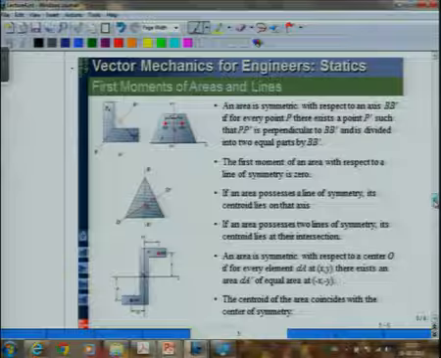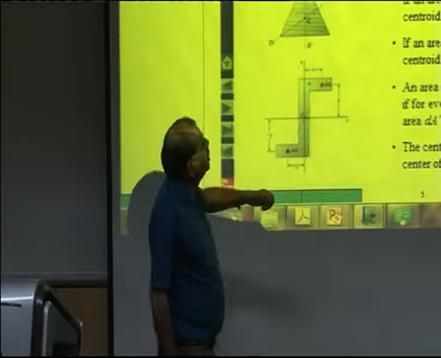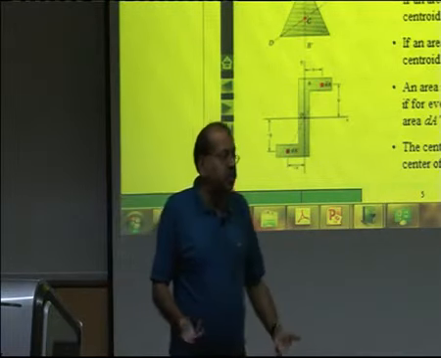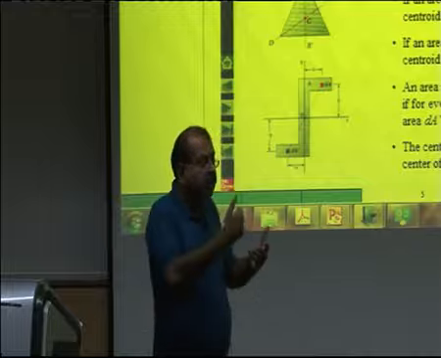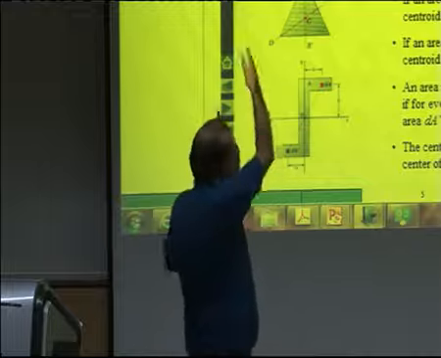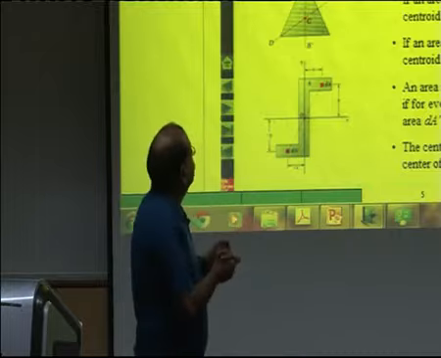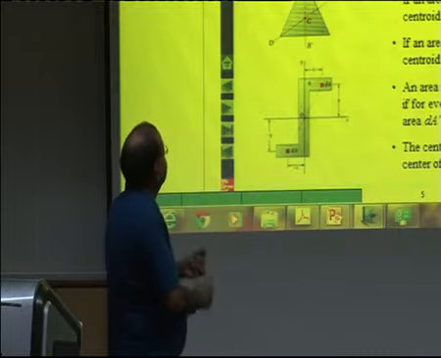So in cases like this, firstly, the moment of area with respect to the line of symmetry has to be 0. Why? Because whenever you take a distance on one side, on the other side you will get a negative component, you add up the two, and you get 0.